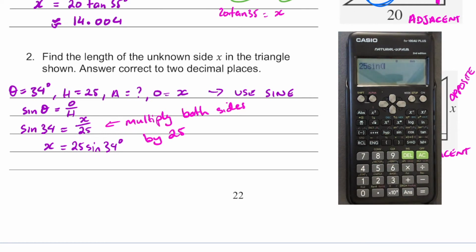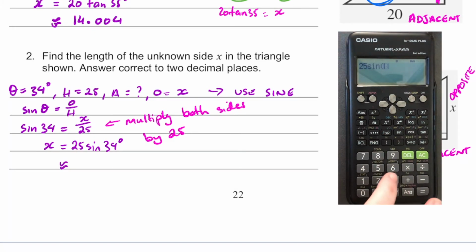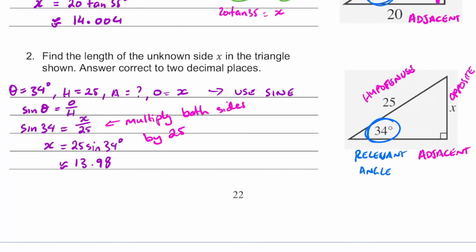Okay, so then we work that out correct to 2 decimal places, and we'll get 13.98. Alright, so that's doing the unknown side where we have the unknown on the numerator of the fraction.